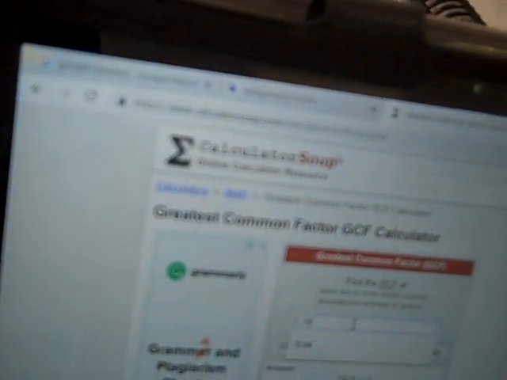Okay, GCF. I do not have the negative in front. I do have x on each of my two terms, so I want to put x to the first power there. And then I'd go 7 and 14, and I get 7, okay? So 7x to the first comes out here. Put a parentheses around it.